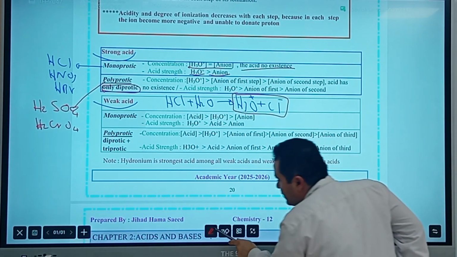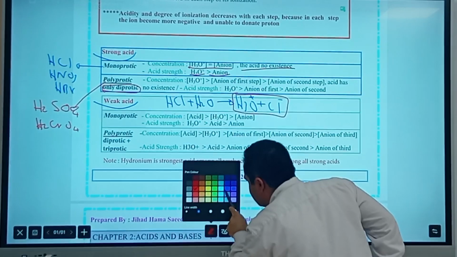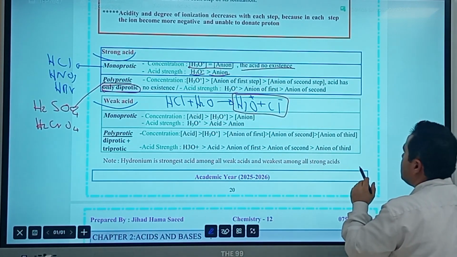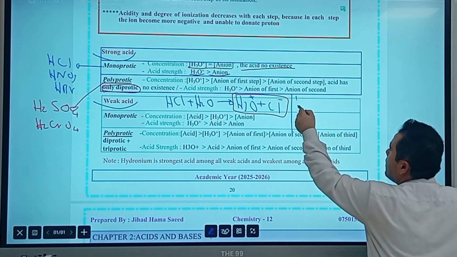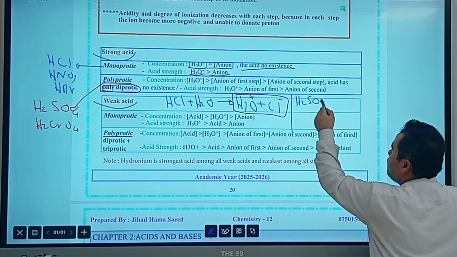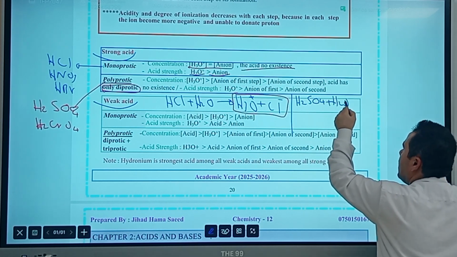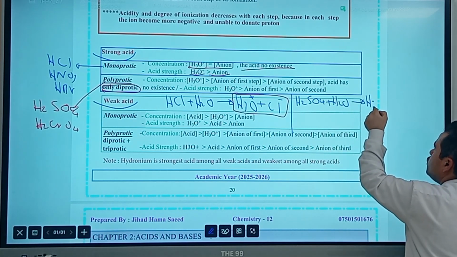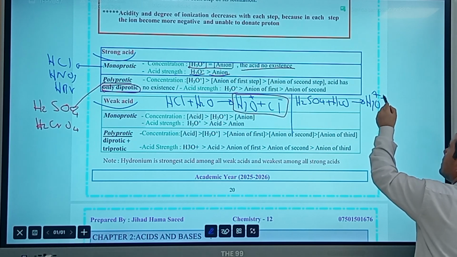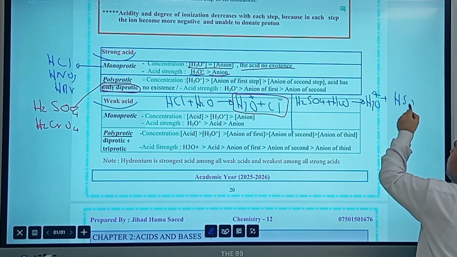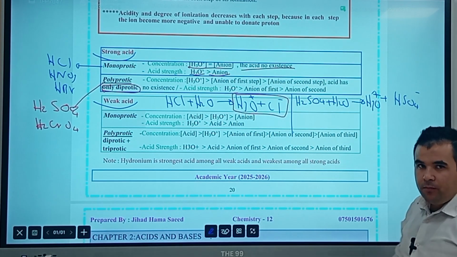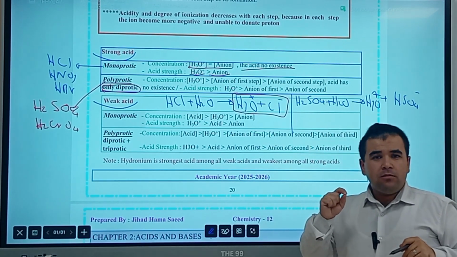So guys, in terms of the existence, the concentrations, let me write one of them. For example, H2SO4 plus H2O will produce hydronium plus HSO4 negative.